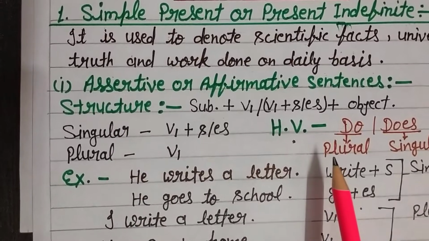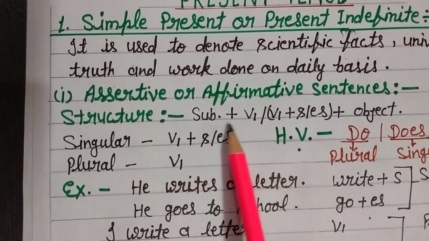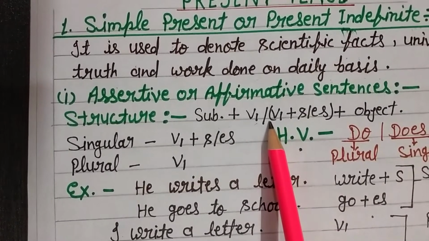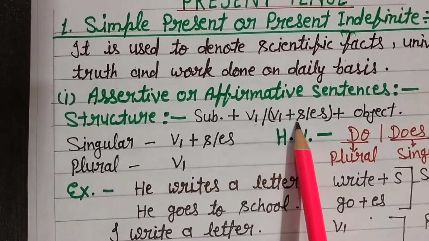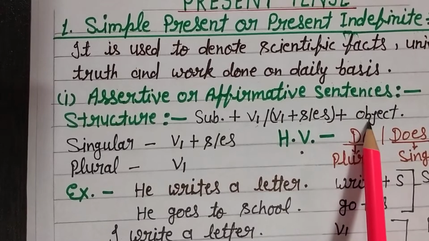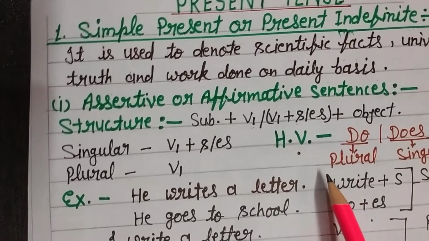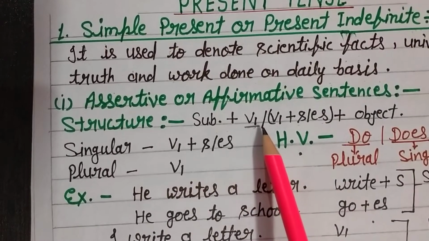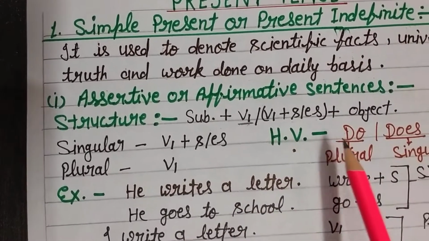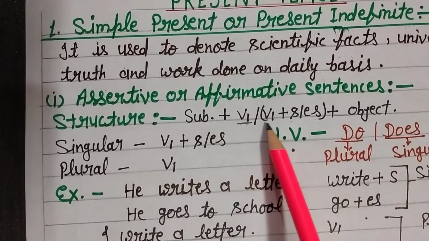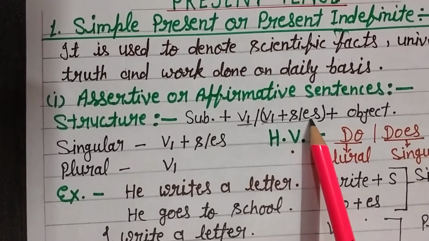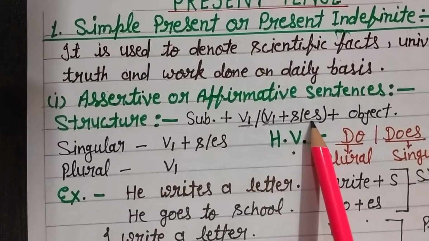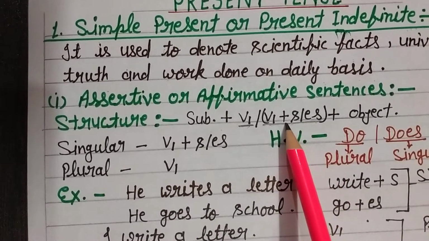The structure. First of all, we use subject and then verb's first form or verb's first form with s or es, and object. So remember students, verb's first form we use only with plural noun or number, and verb's first form with s or es we use with singular. Okay, remember this thing.